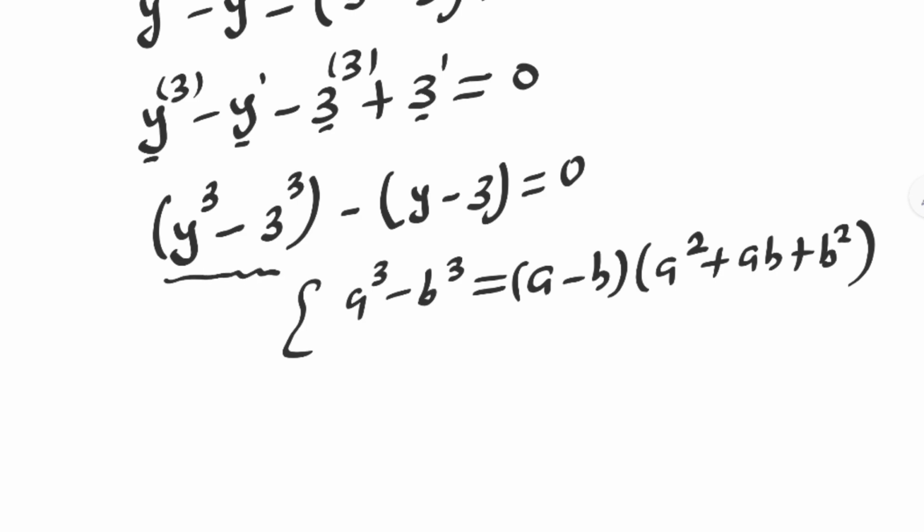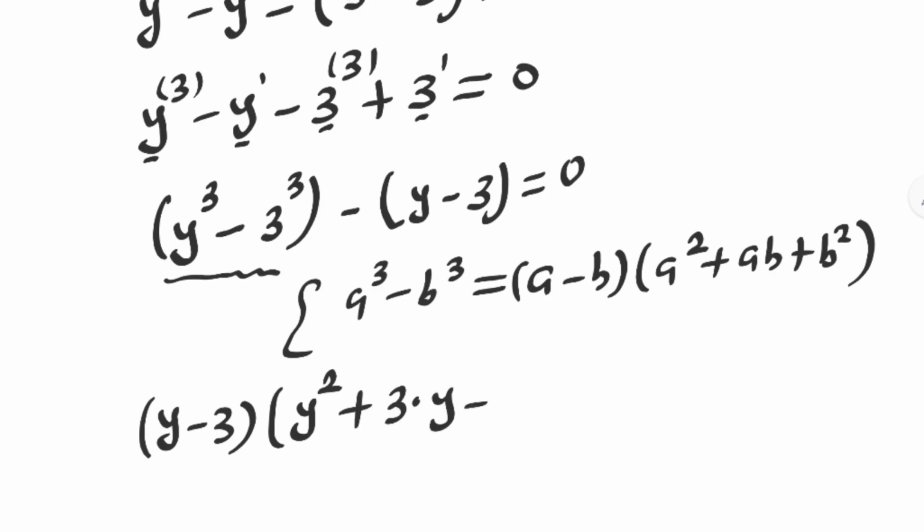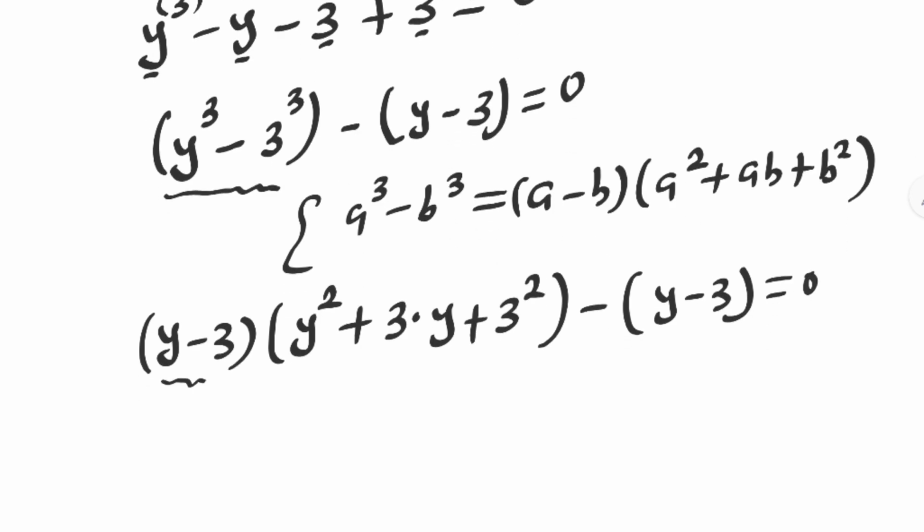This can be written as y minus 3 bracket y square plus 3 multiplied by y plus 3 square bracket minus y minus 3 is equal to 0. y minus 3 is common and y minus 3 is here.